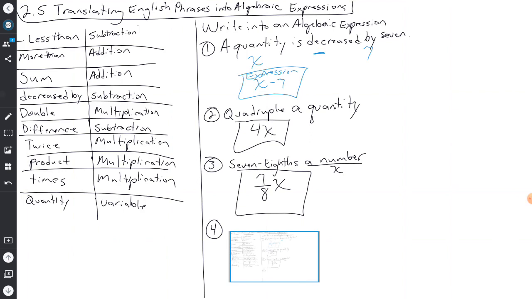That's why we put the X there. Same thing with a quantity. We don't know what the quantity is, so we let it be a variable.